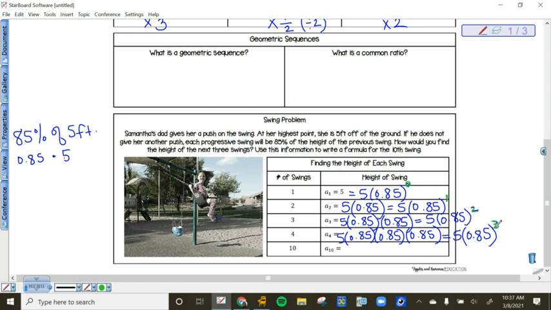What's the relationship there? Yeah, exactly. The exponent is 1 less than the number of swings. So if I wanted to come up with how to find the height after the 10th swing, follow that same formula, right? I'd start with my initial value, that's 5. And then what would my exponent be on 0.85? Yeah, it'd be 1 less than 10, which is 9.